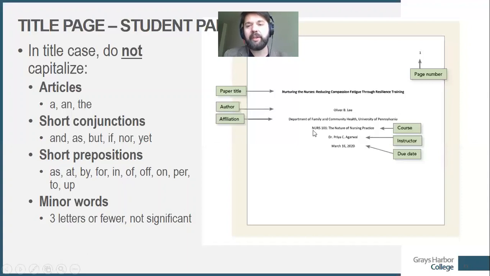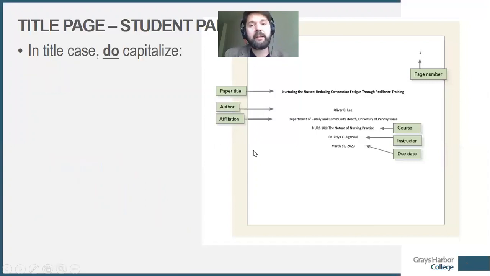This is pretty rare, because usually if you have a word that's not going to be capitalized, it's a preposition or a conjunction. And if you have a 3-letter word that is significant in your title, you would still capitalize that. So that's what you don't capitalize. But pay attention to these rules for what you do capitalize.